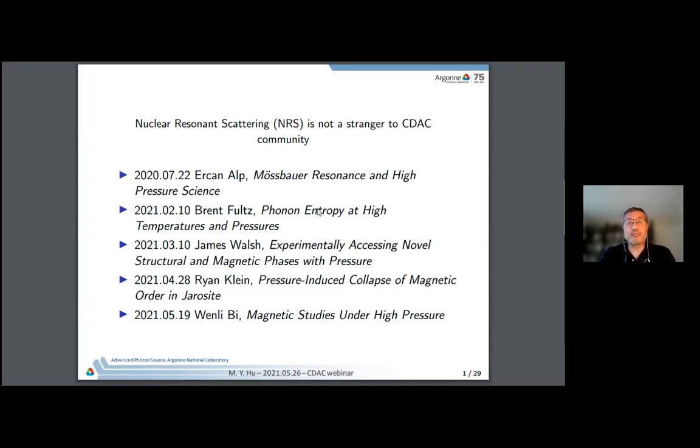Brent is also a great nuclear resonance Mossbauer expert and a long-time practitioner. And of course, Erjan gave a review talk. So many of the slides later are kind of a repeat of the previous talks you have seen.